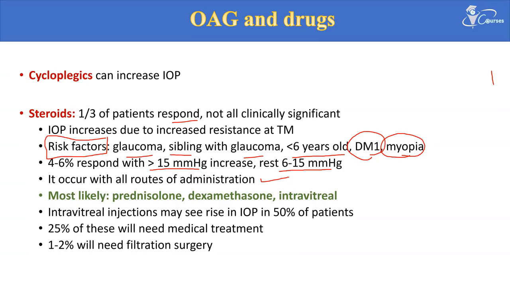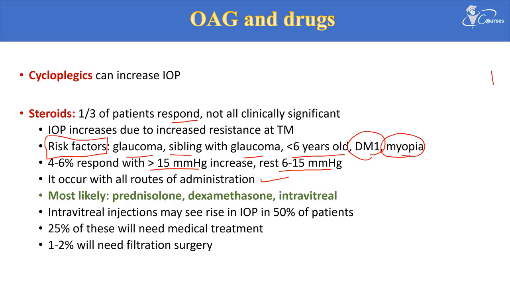All kinds of steroids will increase the intraocular pressure, but the intravitreal route is associated with more risk, and the longer the duration, the more risk, and it is most likely with these drugs: prednisolone, dexamethasone, and intravitreal.